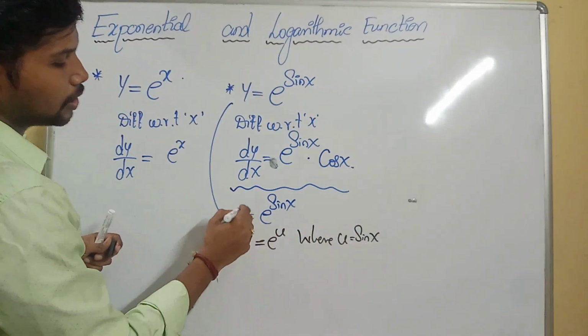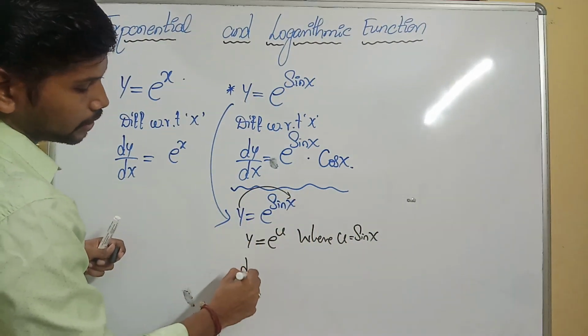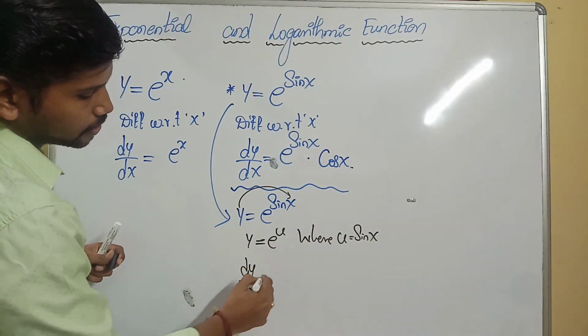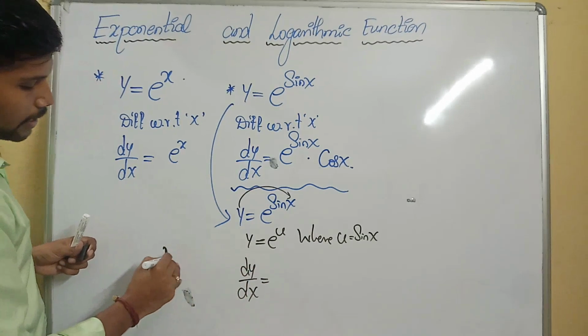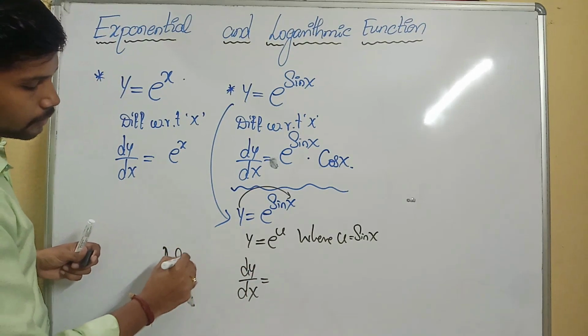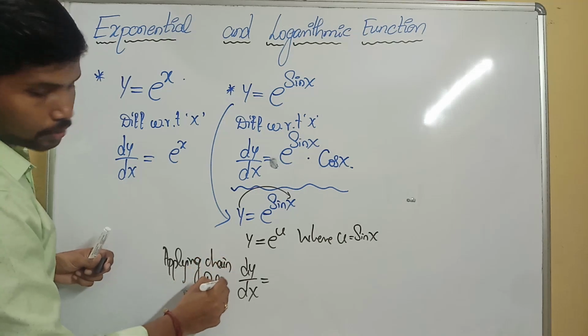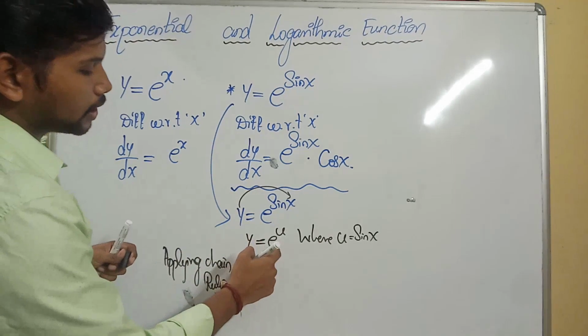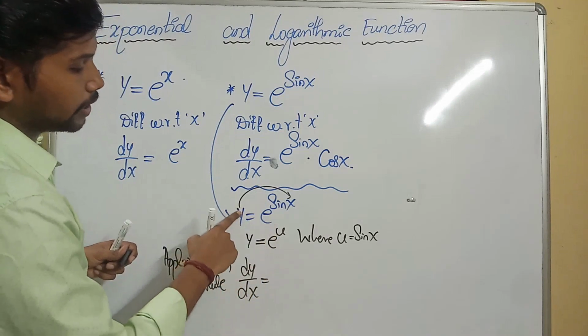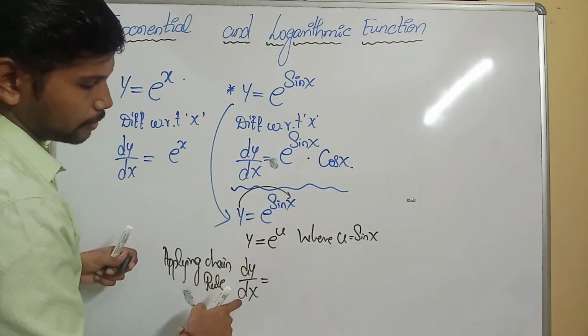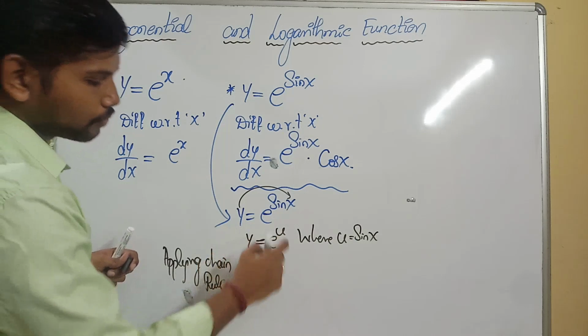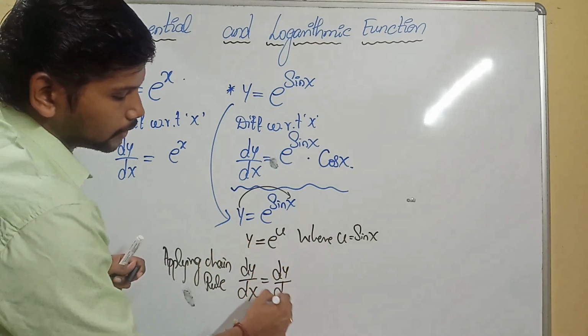Now initially y is a function of x, that's why we apply the chain rule. Applying the chain rule, dy by dx: y is a function of x, so it is dy by dx. Now y is a function of u, so it will be dy by du.